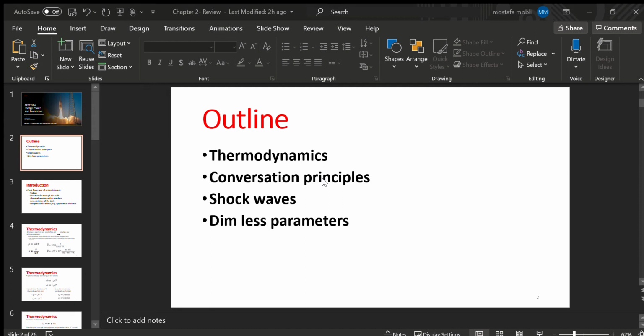So what does it mean? It means that Q and W are path dependent. Okay? So heat and work are path dependent, whereas the change in energy is not path dependent. It just depends on your energy state at the second level and your energy state at the first level.